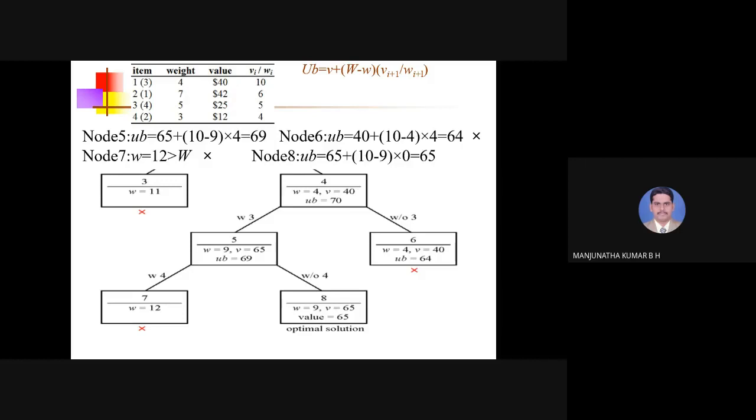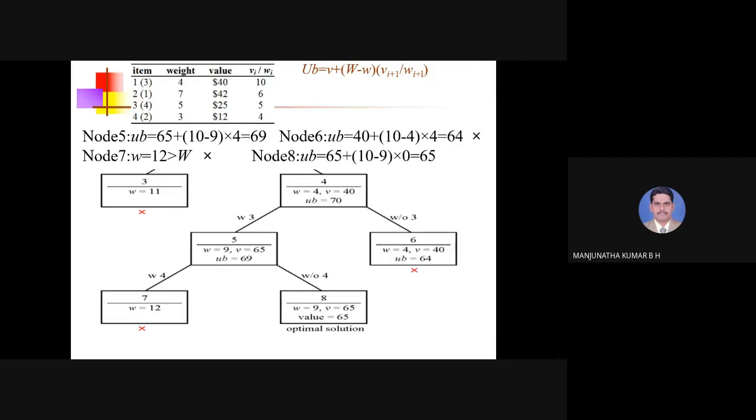What is the value of this equation? 65. Let me give the explanation again. 65 is the current profit plus the remaining capacity 10 minus 9, into the profit weight ratio of the next item. Since we are considering the fourth item, no more items are left, so take 0 as the profit weight ratio of the next item.